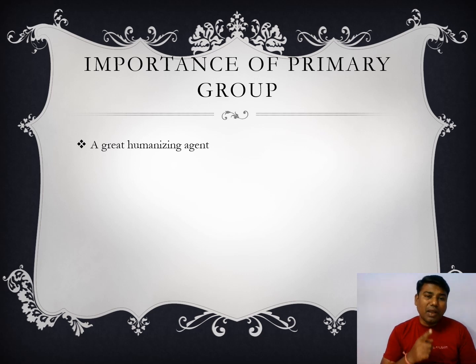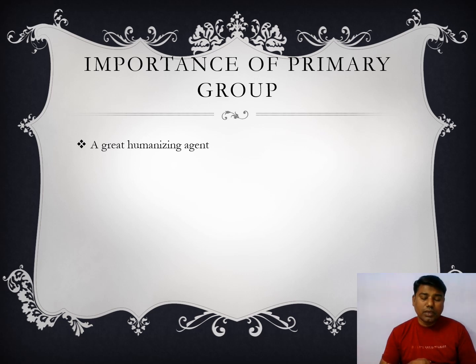For example, family. Family is the immediate primary group in which a child finds itself as soon as it is born. So we talk about family, peer groups and the neighborhood. These all play a very important role in the socialization or humanizing of the child.